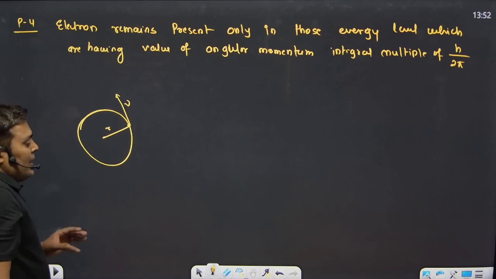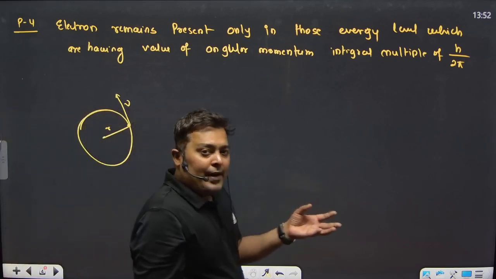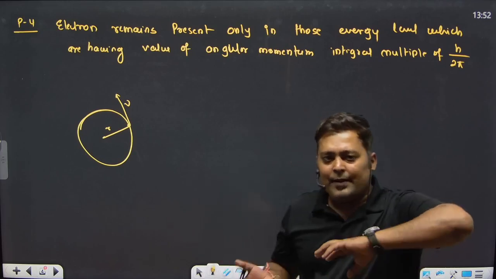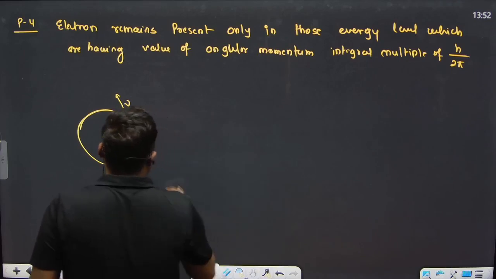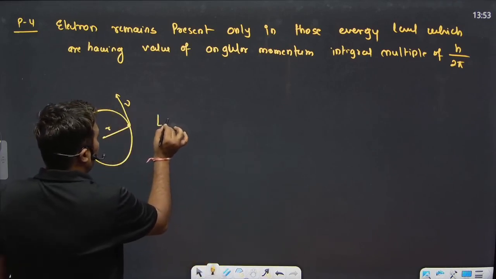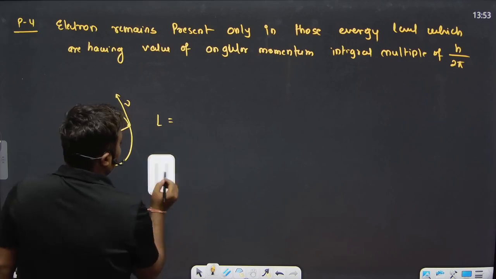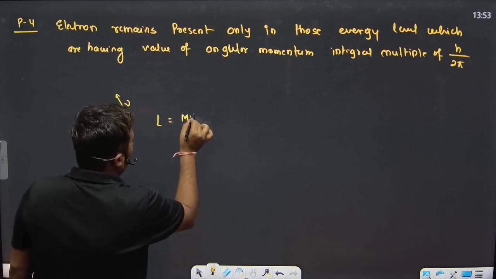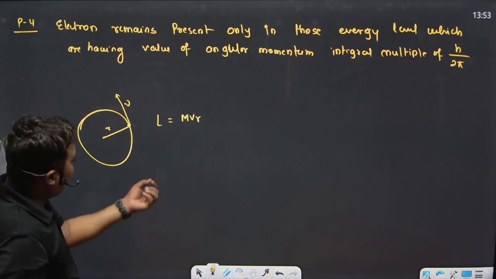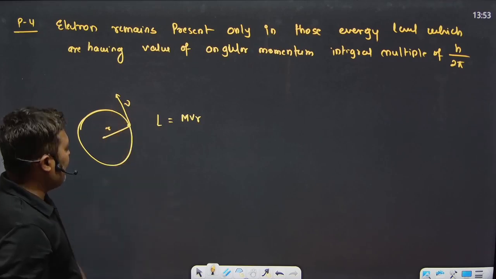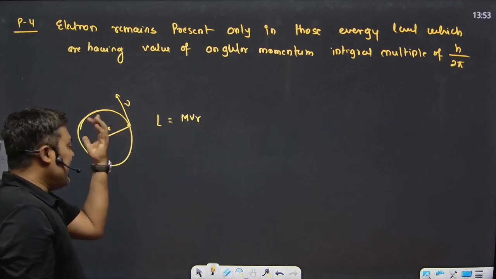Like the linear momentum which you study in physics, we have angular momentum. Angular momentum of the electron is equal to mvr, where m is the mass of the electron, v is the velocity of the electron, and r is the radius of that particular orbit.